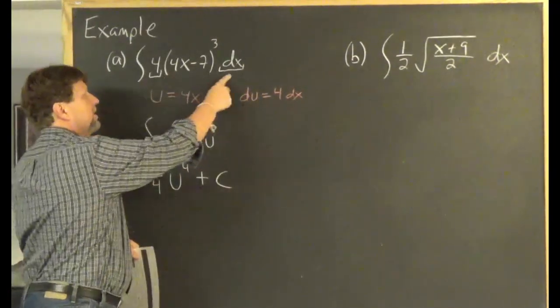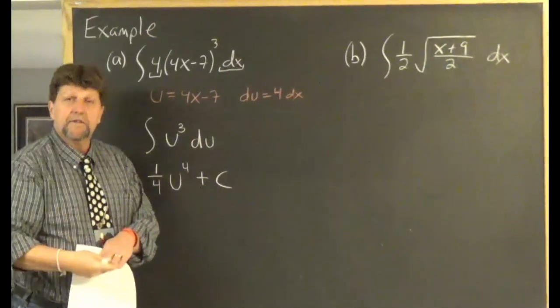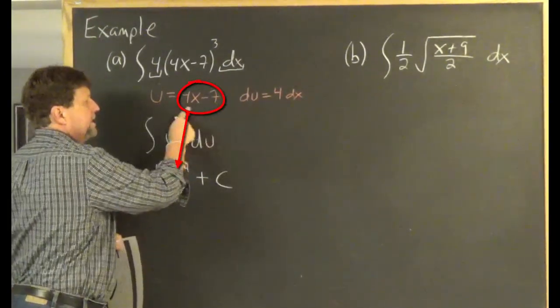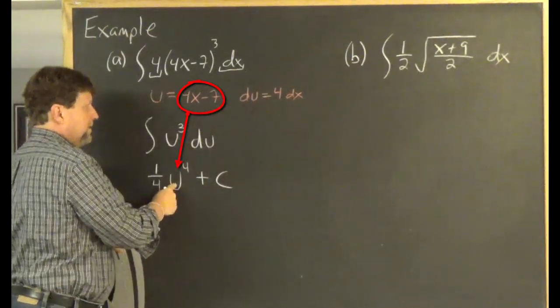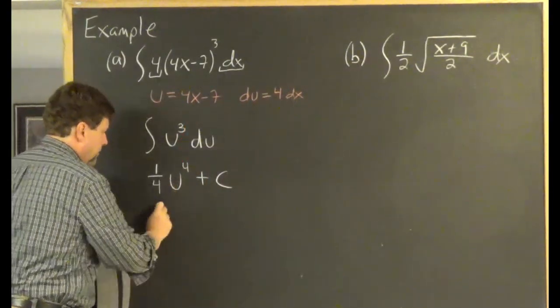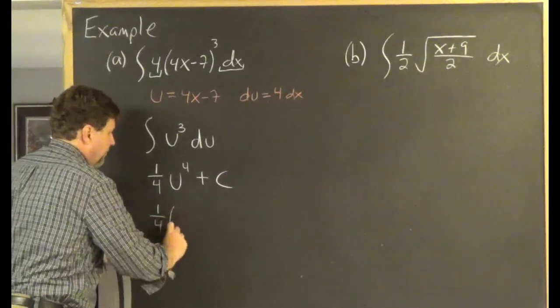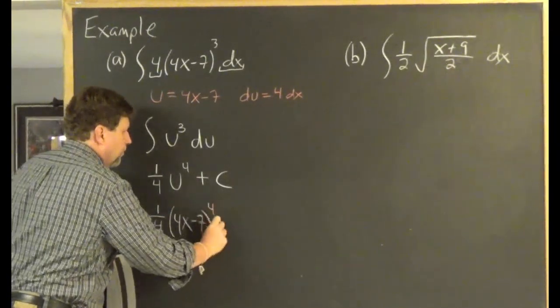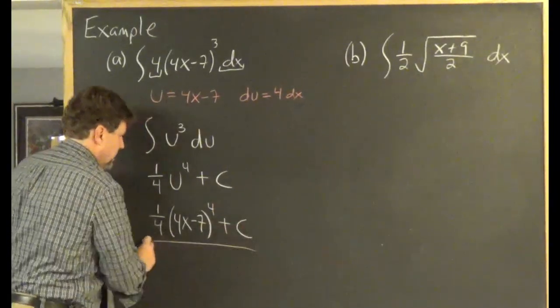I mean, my problem started off with x's, my answer needs to have x's. So since u was 4x minus 7, I'm going to put 4x minus 7 back in here for u, and I get 1/4 (4x minus 7) to the 4th plus c.